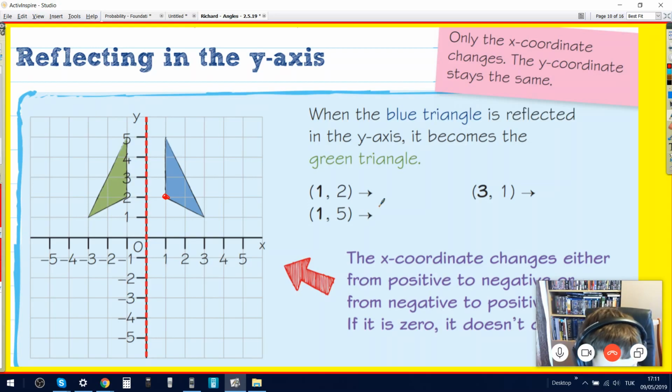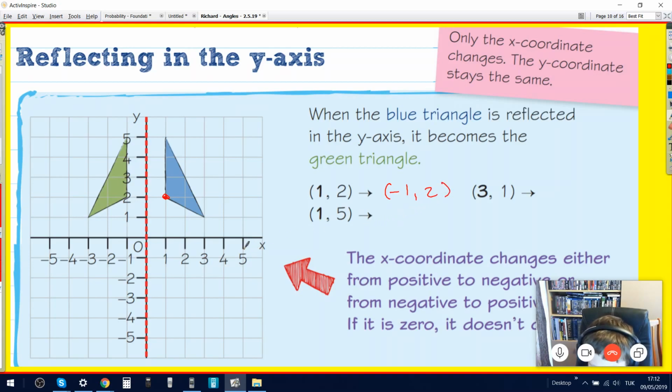So the point 1, 2. That would become -1, 2. Yeah, so that becomes -1, 2.